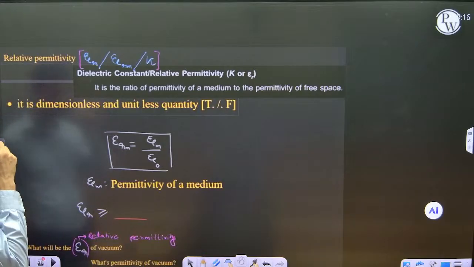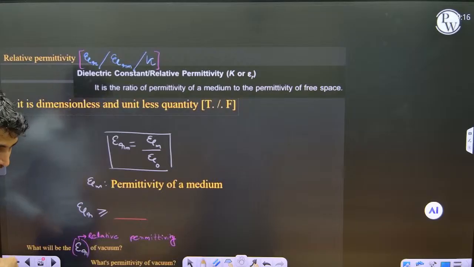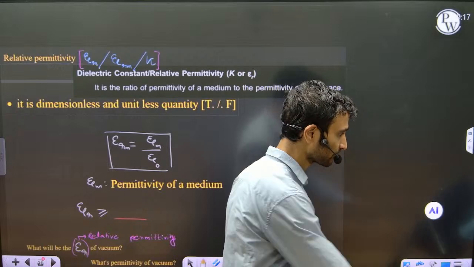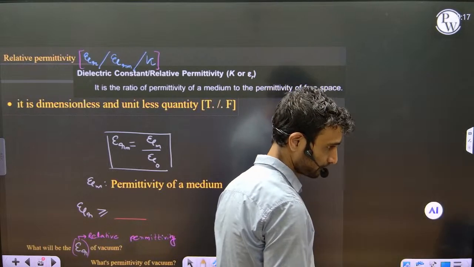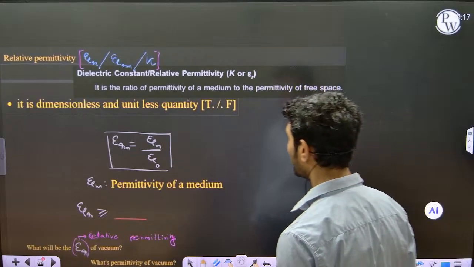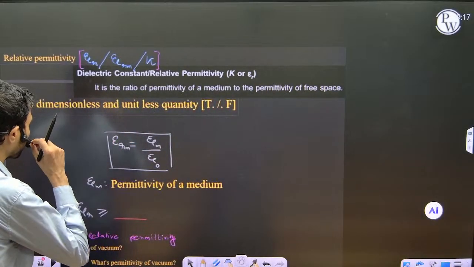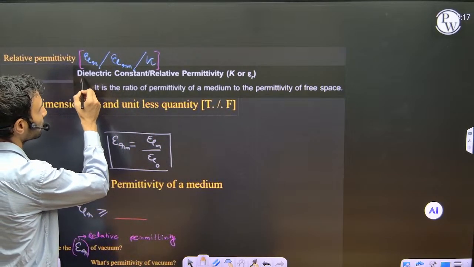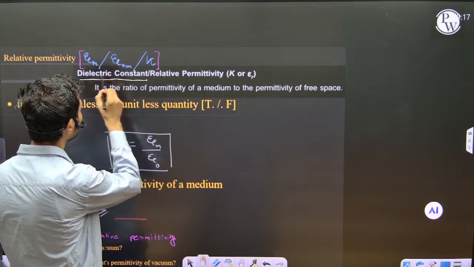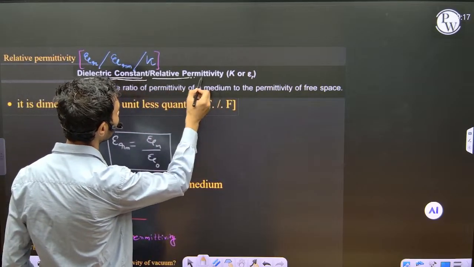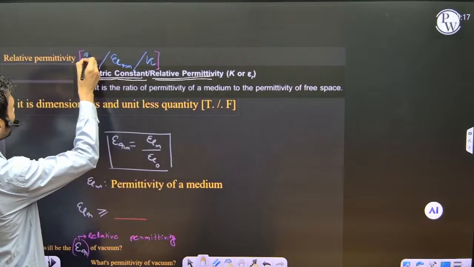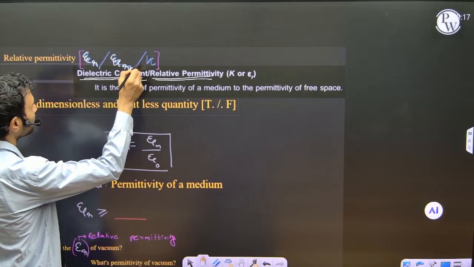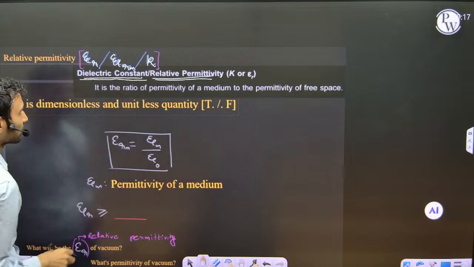Now let us see relative permittivity. So what is relative permittivity? It's also called dielectric constant or relative permittivity. It is represented by epsilon r or epsilon rm or k, right?